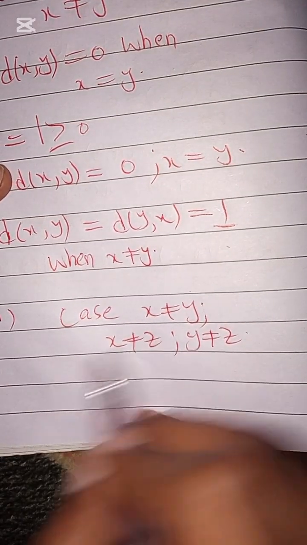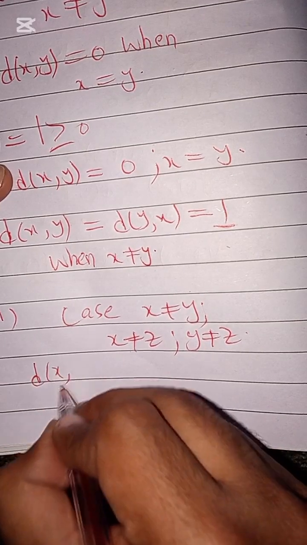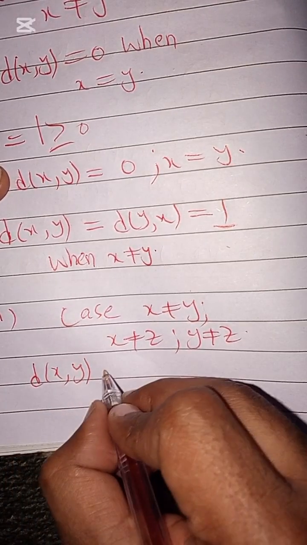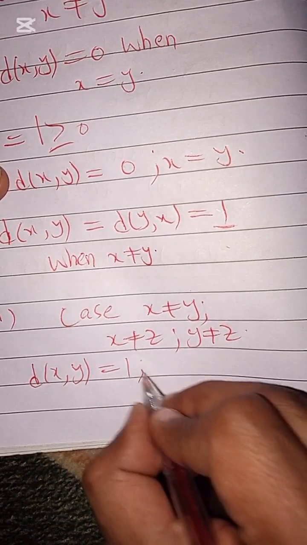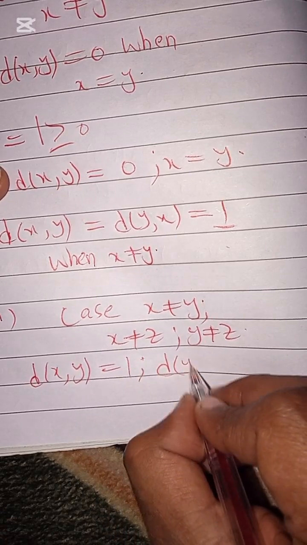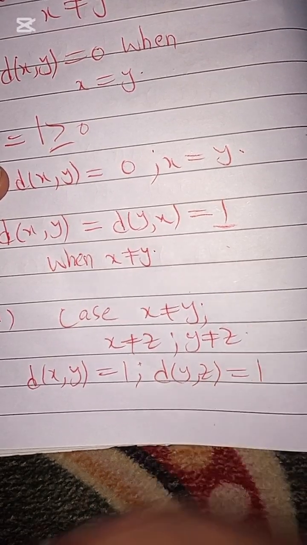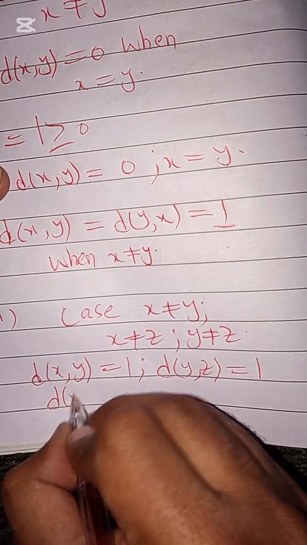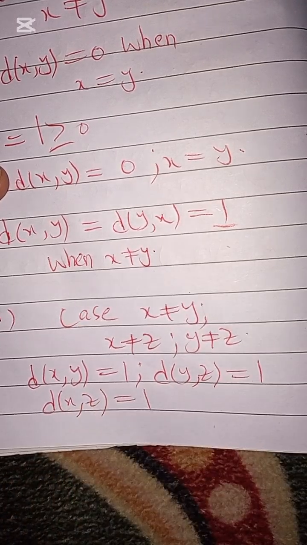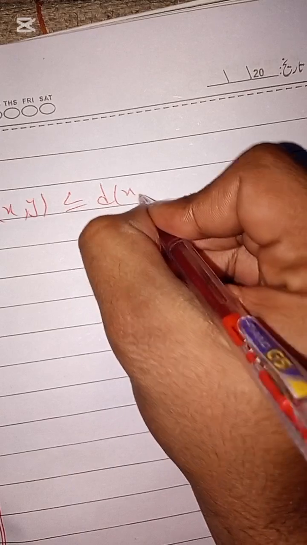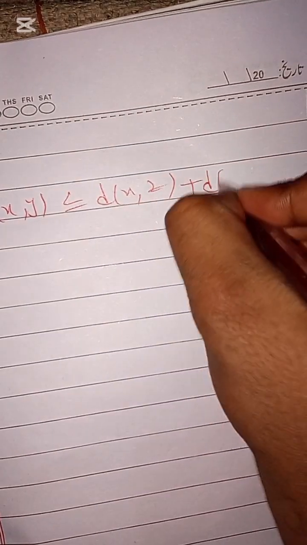So the distance between x and y is equal to 1, the distance between y and z is also equal to 1, and the distance between x and z is also equal to 1 because they are not equal. In that case we have to prove that the distance of x and y is less than or equal to the distance of xz plus the distance of zy.